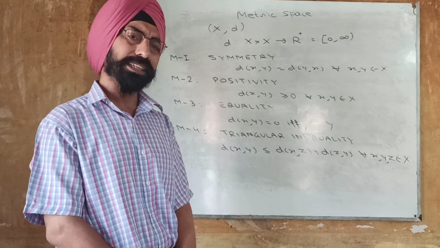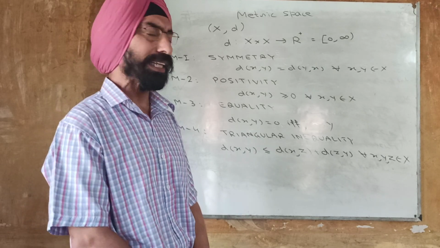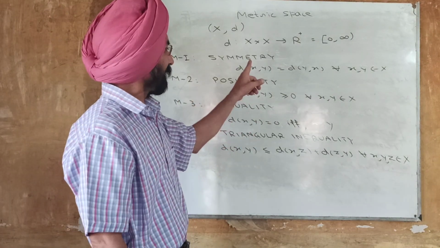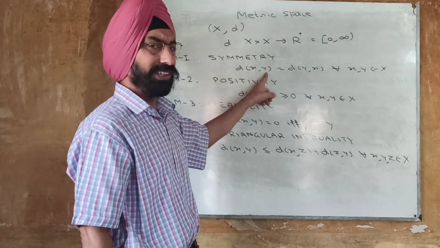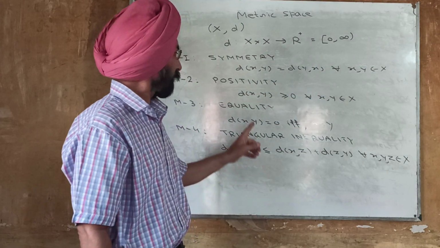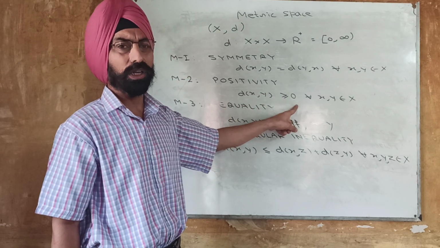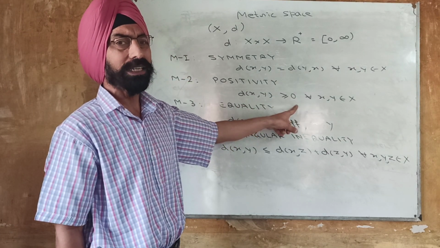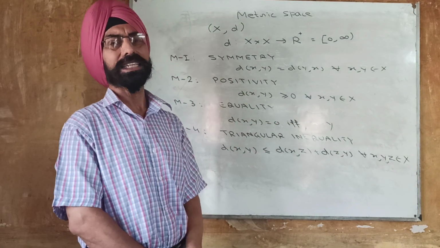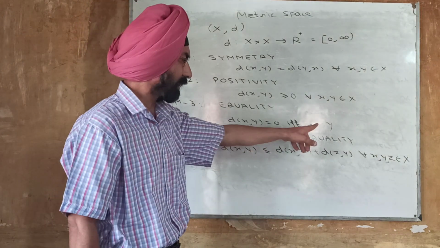So in Euclidean space, or in two-dimensional or three-dimensional space, you can check that if x and y are 2 points, then the distance between x and y is the same as the distance between y and x. Then the distance between every 2 points is always greater than or equal to 0. Distance can never be negative. The third one is that the distance between 2 points is 0 if and only if the 2 points coincide. That is the third property.